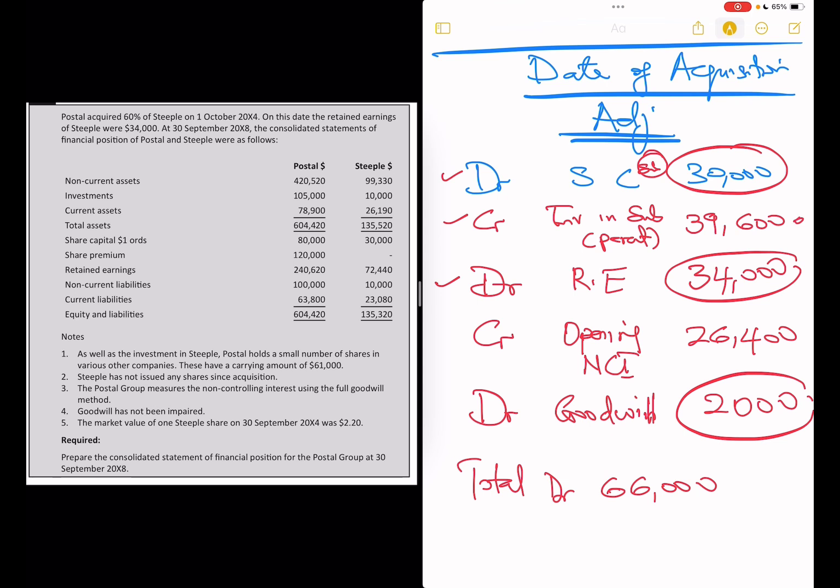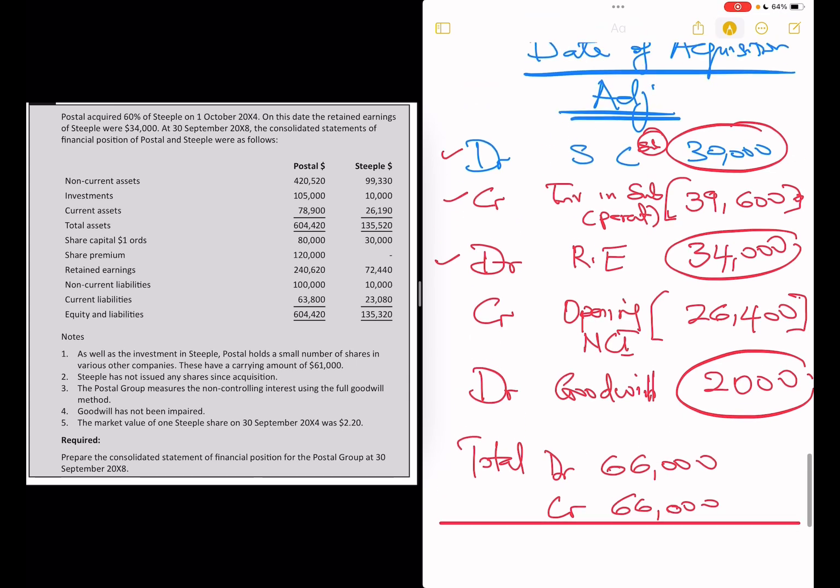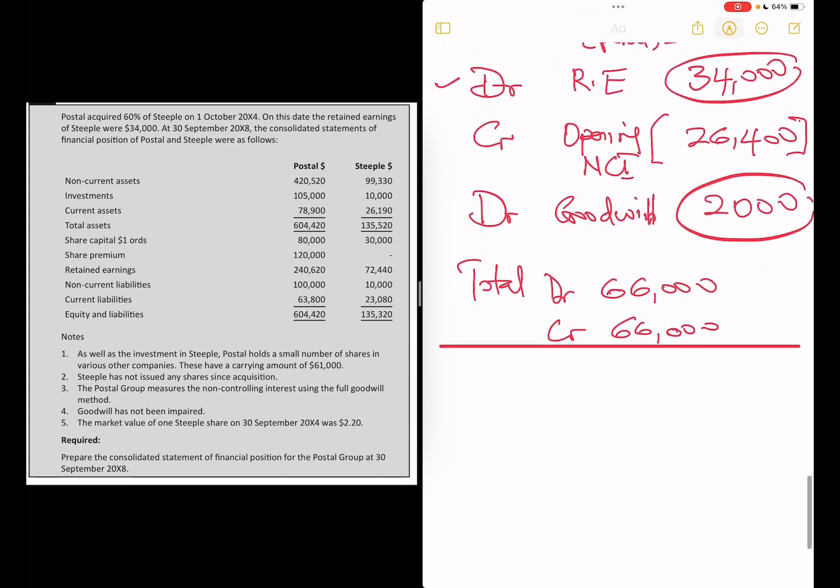Then if you add the credit together as well, you also have 66,000, and it's balanced. After this date of acquisition adjustment, everything is just debit and credit, easy.